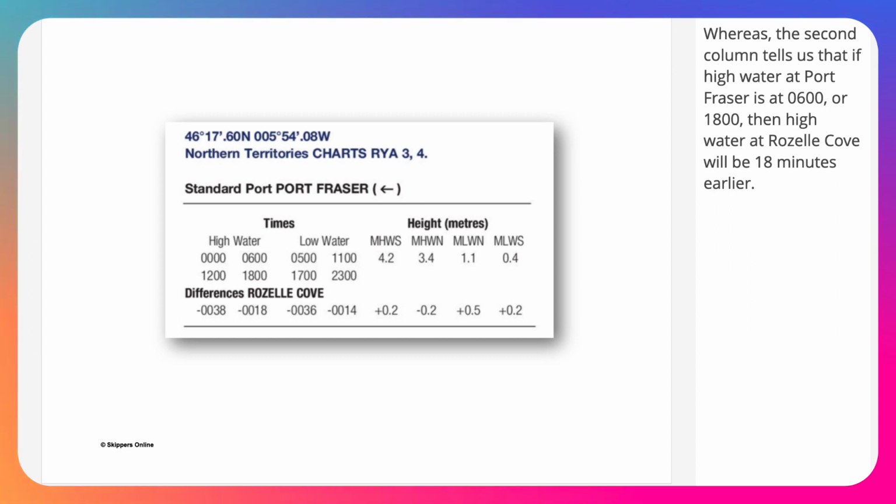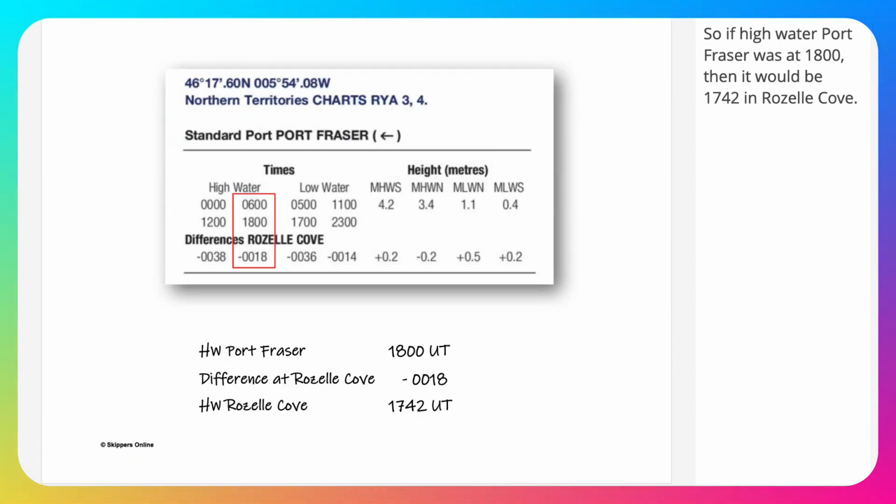Whereas the second column tells us that if high water at Port Fraser is at 0600 or 1800, then high water at Rozelle Cove will be 18 minutes earlier. So, if high water Port Fraser was at 1800, then it would be 1742 in Rozelle Cove.